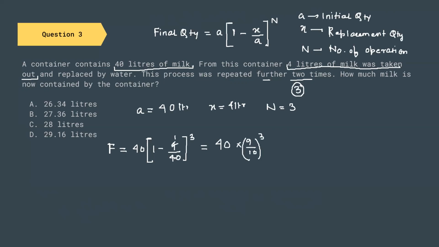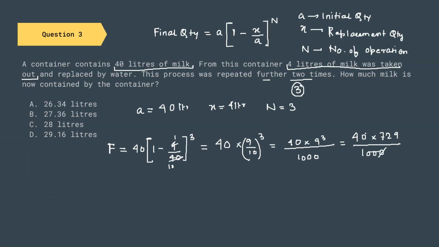This will become 1 by 10, and 1 minus 1 by 10 is 9 by 10. So to find this final value, we have to write 40 into 9 cube divided by 10 cube. That means it is 3 zeros. Now I have told you to memorize all the cubes of numbers till 20. So 9 cube gives us 40 into 729 divided by 1000.